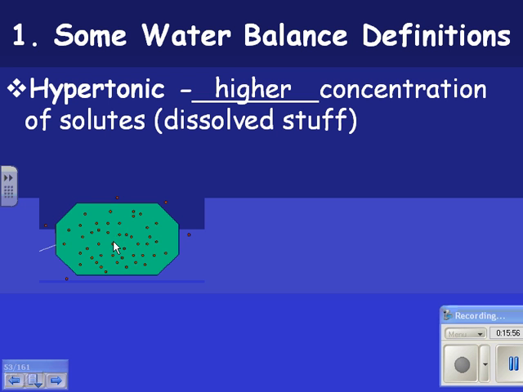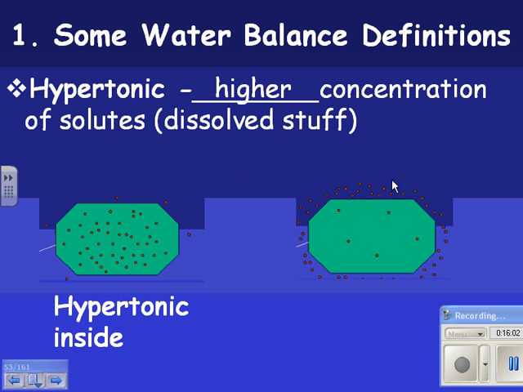So it would be hypertonic on the inside. If you look at this one, there's lots of dissolved stuff on the outside. So that's hypertonic outside. Usually we talk about what the solution is outside the cell. Like we'll say the cell is put in a hypertonic solution. That would be this picture.